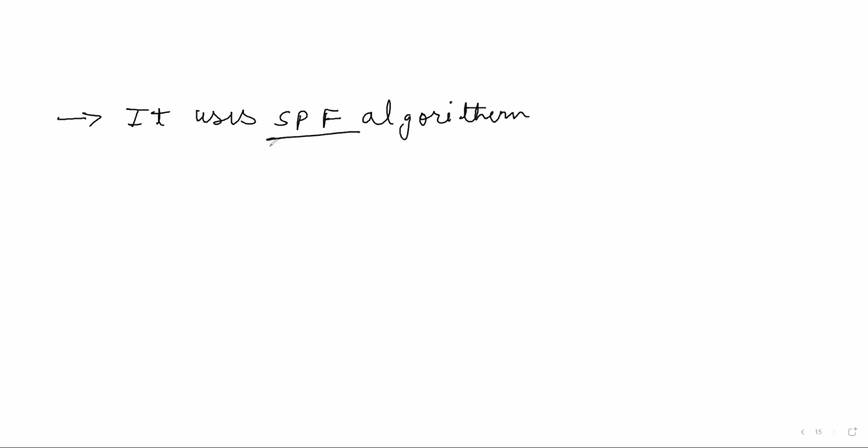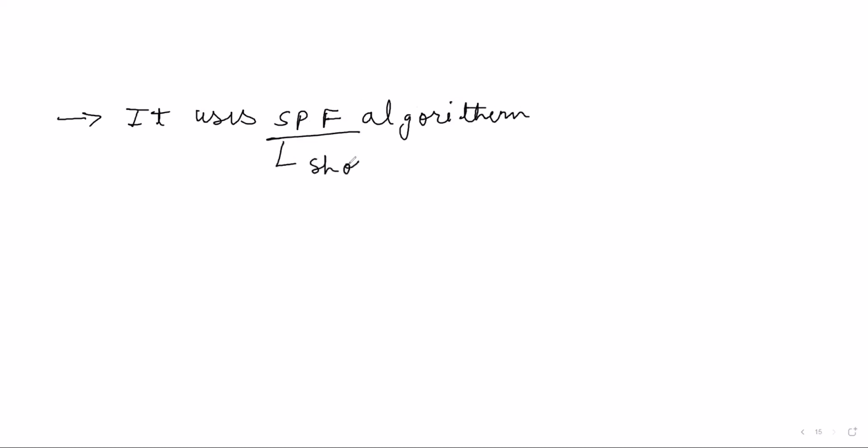Okay, so the next point is it uses the SPF algorithm. Yeah, we already know, we have seen the SPF algorithm. SPF means shortest path first.